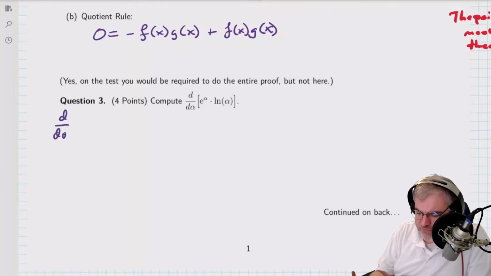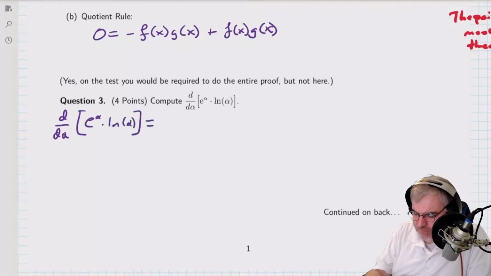d over d alpha of e to the alpha times ln of alpha equals. And now I'm going to be very careful with my product rule. I'm actually going to write it out.